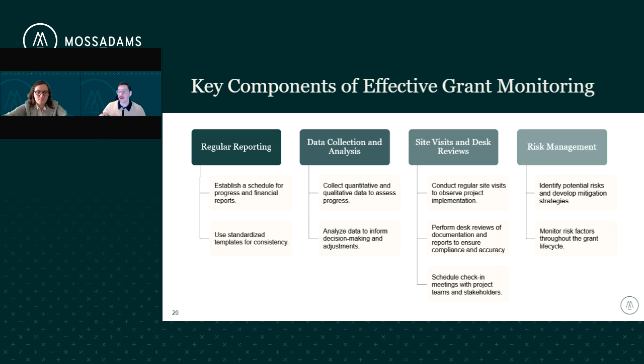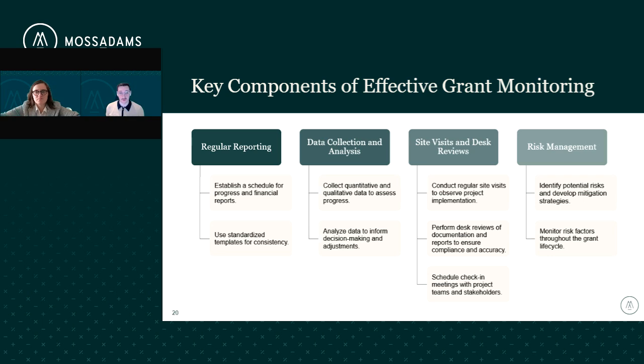So how far along have you gotten in the performance measures that have been put in place to meet the goal of the project? Some other types of reports may be data collection, where they're asking you to gather key metrics and statistics, maybe of a population that the grant is serving, or of other milestones or key performance indicators.